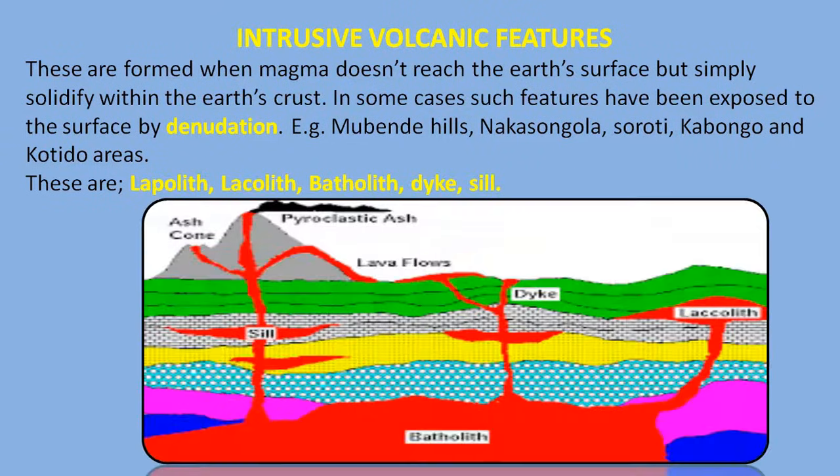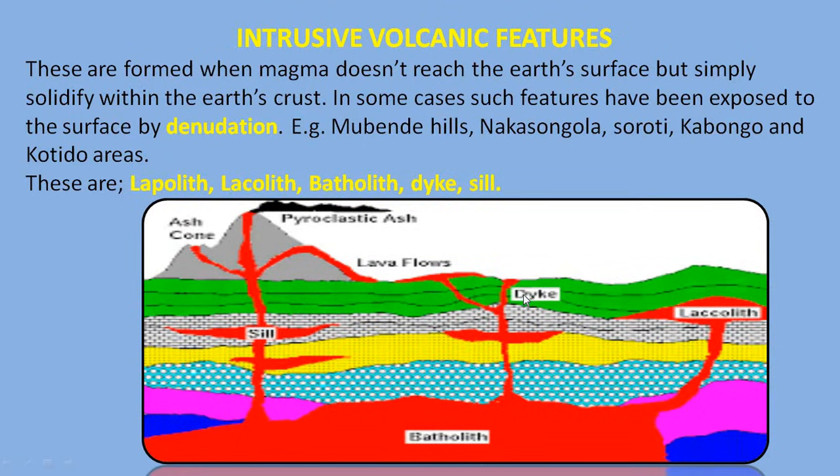Below here is the photo to just briefly show us. So this is outside. We talked about the ash cone, remember? In extrusive. But now we are interested in those formed within the earth crust, not outside the earth crust.